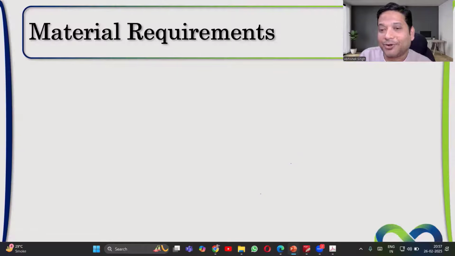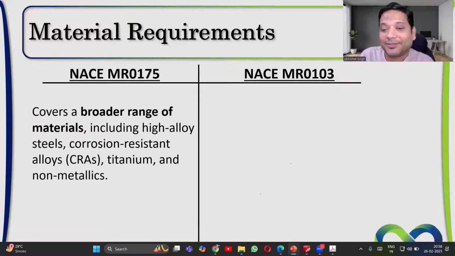Great. So we talked about scope, we talked about environment, now material requirements. Are the materials used for 175 the same as those used for 103, or are they different? If you see, 175 is using a very broad range of materials, much broader than 103.